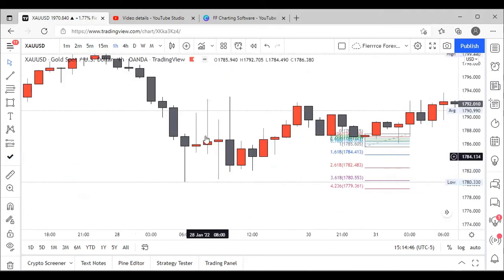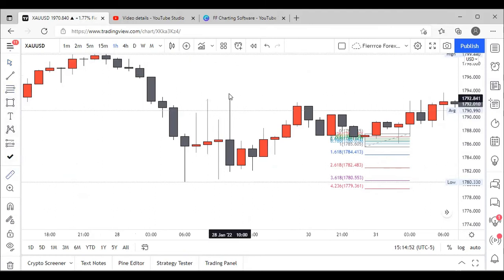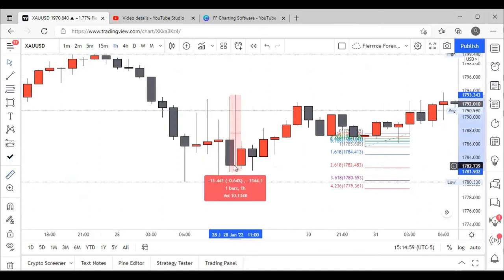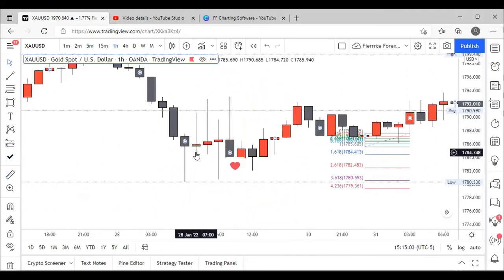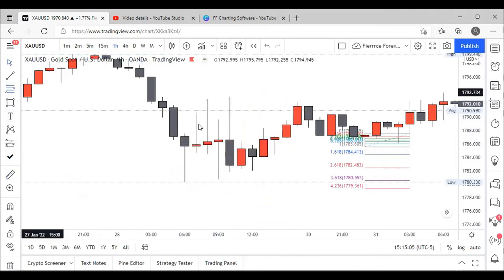So I'm going to pick another candlestick here. First of all, I want to see how many pips these candles are. This is like 114 pips. So we see this candlestick here that has formed. Okay, so I'll take my fib.